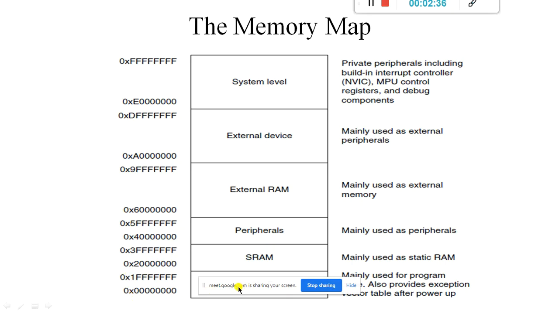In the memory map, the starting address 0x00000000 to 0x1FFFFFFF is the area fixed for storing the code. It is nothing but whatever program the user has written. So this is the area where it is going to sit. Further, from this particular address to this address is reserved for SRAM. Similarly, you can see the different blocks that have been reserved at different address slots.